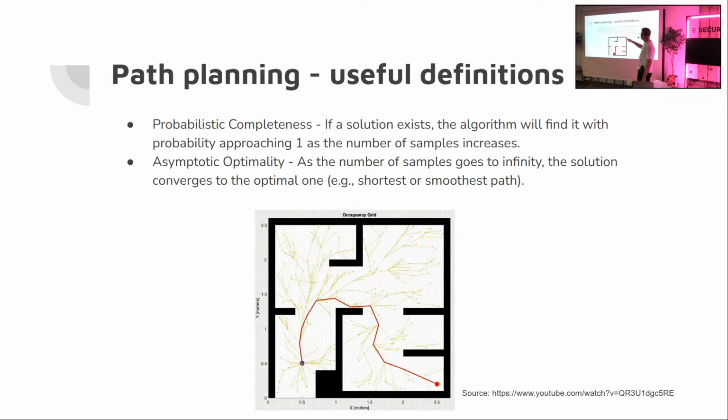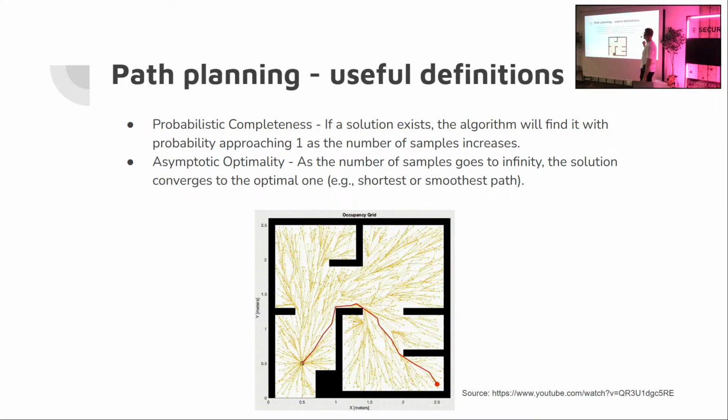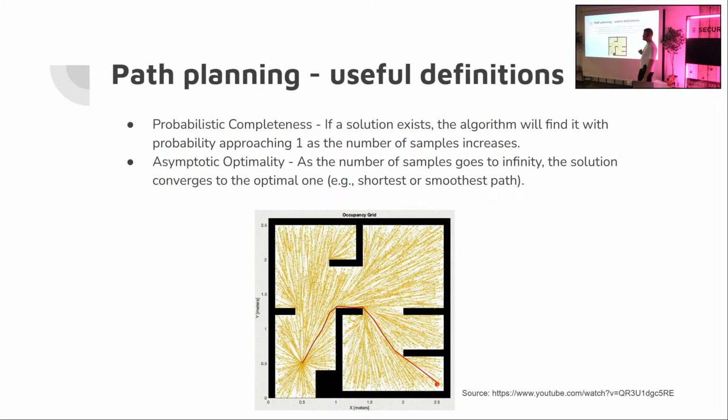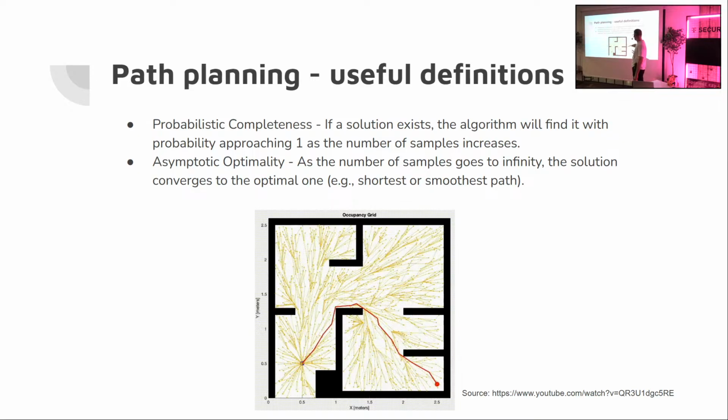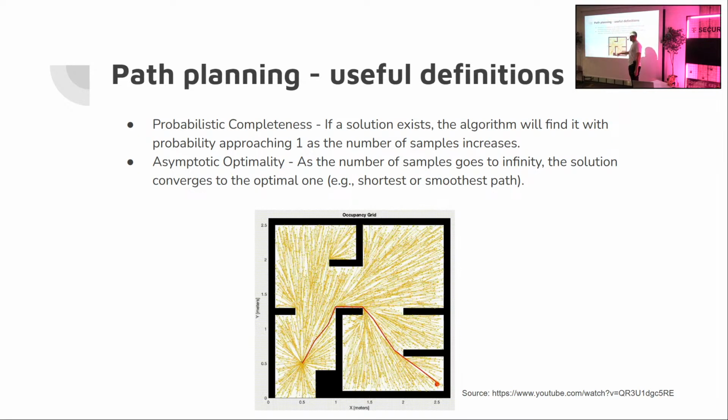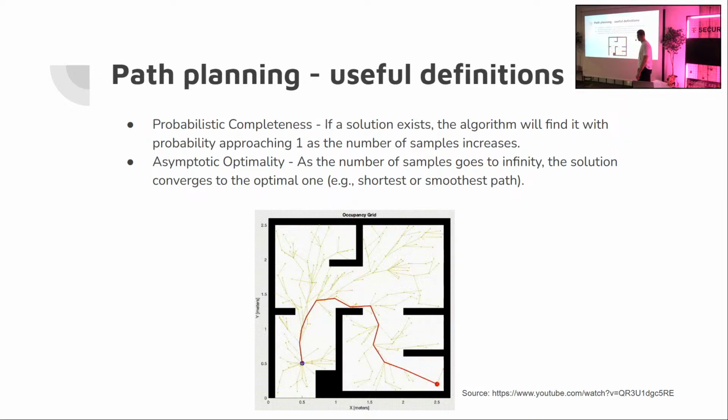And the second definition, asymptotic optimality: as the number of samples goes to infinity, the solution converges to the optimal. And this second definition you can see in action here on this view. The red line is our path. As you can see, as the number of points increases, the path gets shorter.